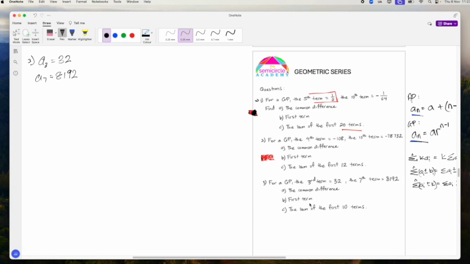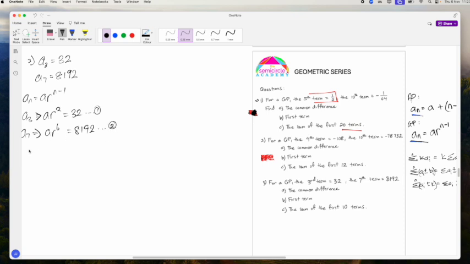We have to find the first term. So again, an is equal to ar to the n minus 1. Therefore, a3 is going to be ar to the 3 minus 1, which is 2, and that is 32. This is equation 1. And a7 implies ar to the 6, which is 8192, and this is equation 2.